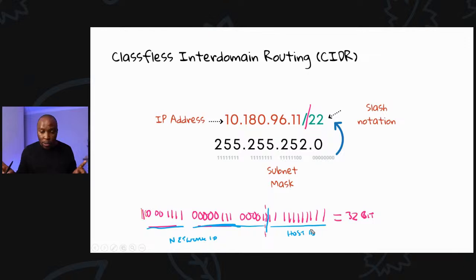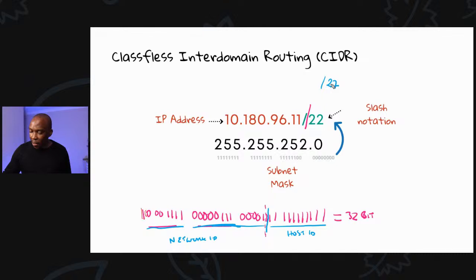But the total number is always going to be 32, or the maximum number is always going to be 32. So, very important concept. So this network can be a /22. The next one can be a /27. And when it's a /27, what are we saying?